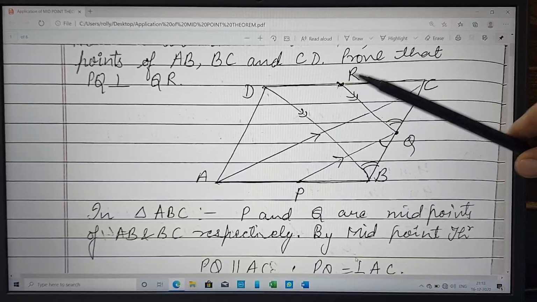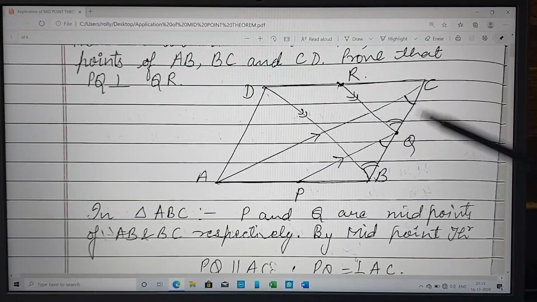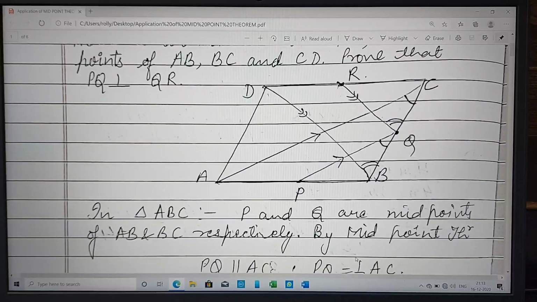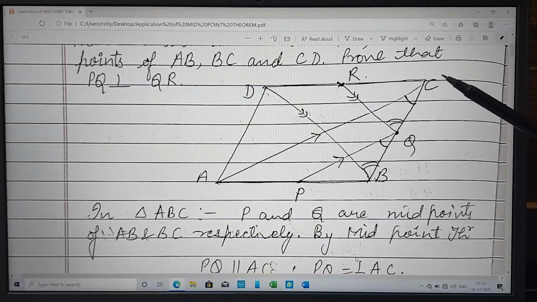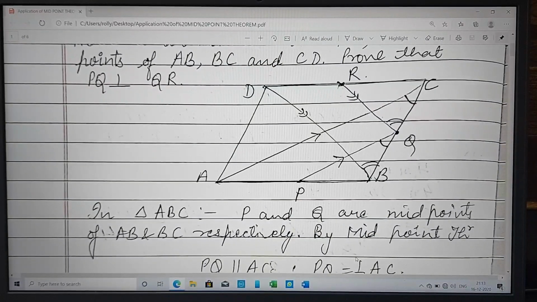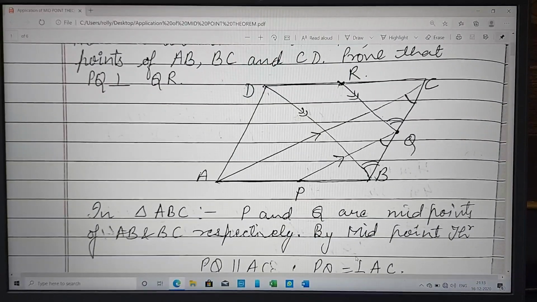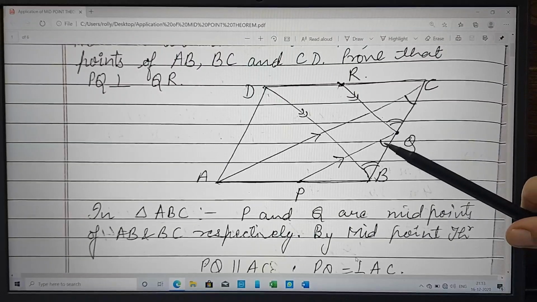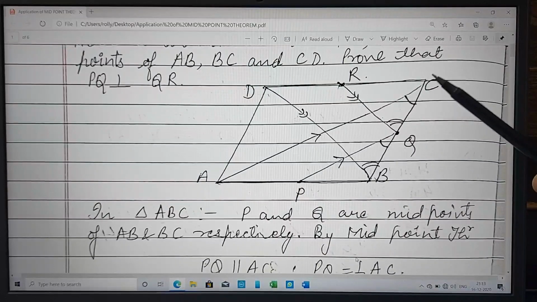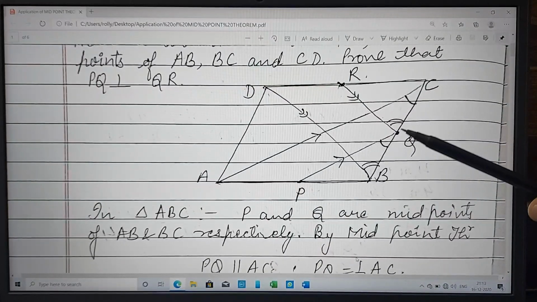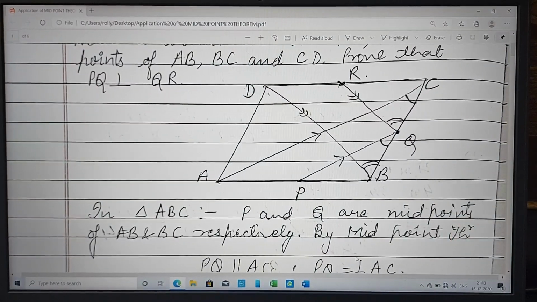Likewise, CQR and CBD are equal to each other because they are corresponding angles. So if angle CBD is half of complete angle B, then angle CQR will also be half of complete angle B. Okay, that is what was written. We have shown that the sum of these two angles, angle CQR plus angle BQP, is equal to 90 degrees.